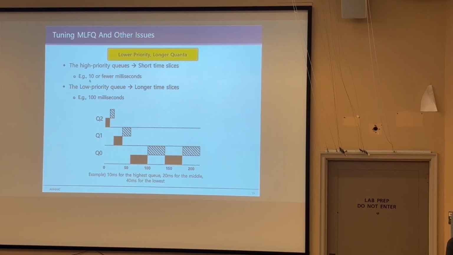Essentially, we assume that a process with higher priority should have a shorter CPU burst, so we give processes in Q2 shorter time slices. For processes in Q0, we give lower priority because we think they have longer CPU bursts, so we give them slightly longer time slices. These are some other adaptations people have tried for multi-level feedback queue.